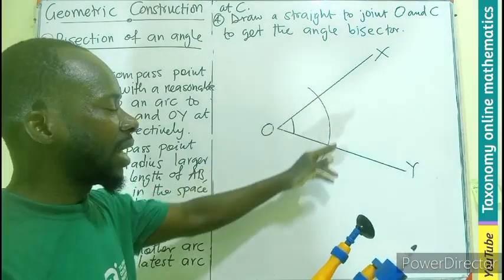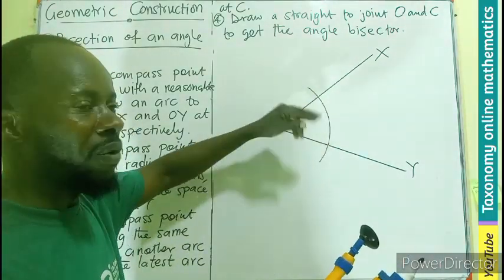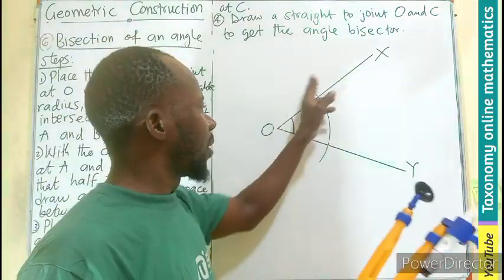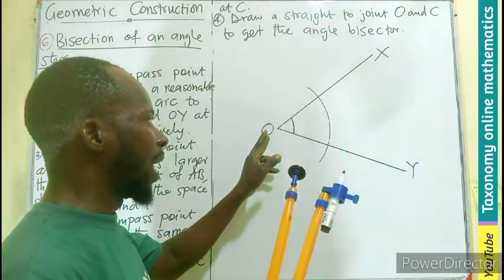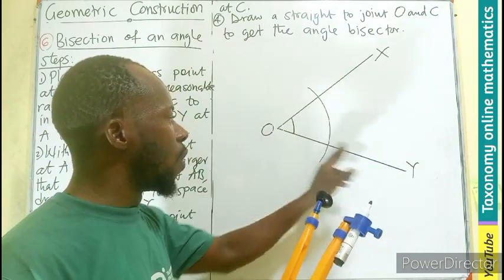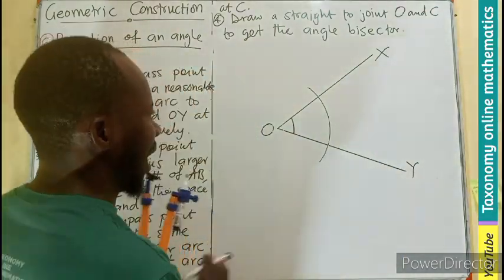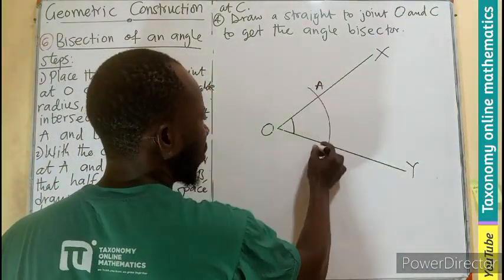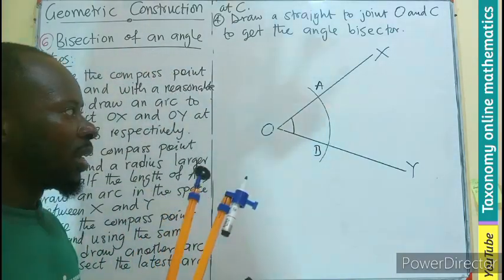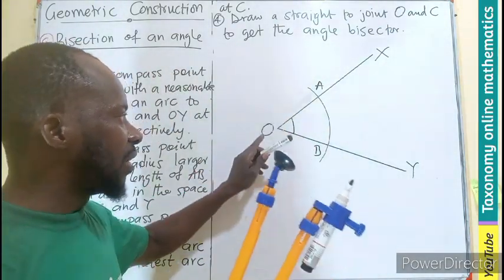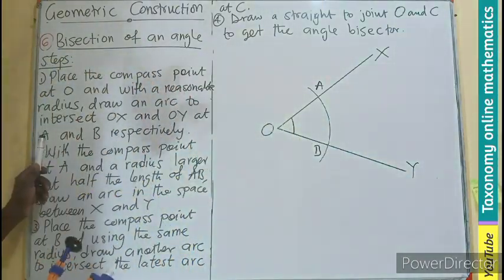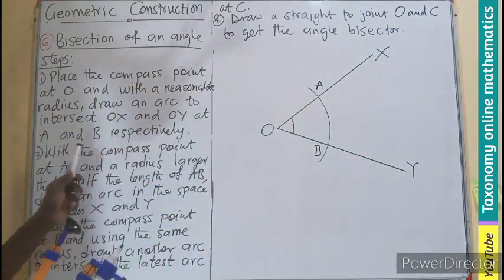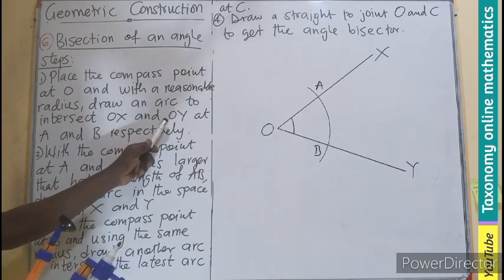You have made an arc that crosses both the lines OX and OY, and we are labeling that point as A and what? B. Where the arc intersects the lines OX and OY, we label them as A and B respectively. A for OX, B for what?